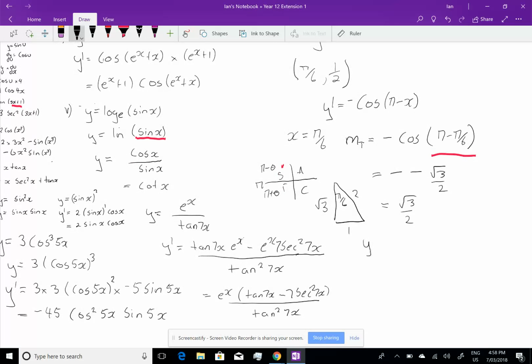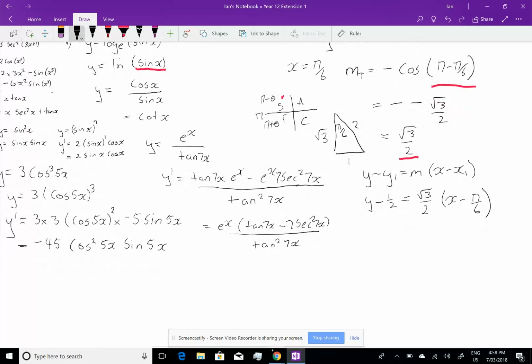What do we need? We need the equation of the tangent. So y minus y1 equals m outside of x minus x1. So that gives us y minus a half equals √3 on 2 times x minus pi on 6. I've just substituted this point in and this gradient. And what do I get? Well, let's multiply that 2 across, and I get 2y minus 1 equals √3x minus √3 pi on 6.